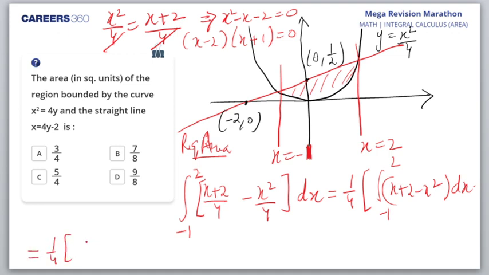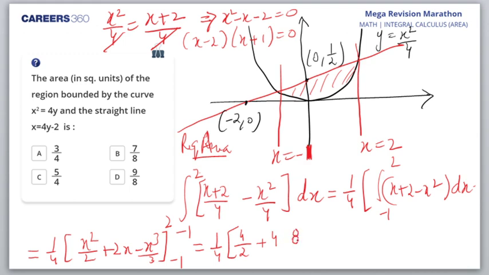The integral would give me x square by 2 plus 2x minus x cube by 3, and the limit would be minus 1 to 2. Okay, so this 1 by 4 will remain outside. When I put 2, what do I get? 4 by 2, then I get 4, then I get 8 by 3 by substituting 2 here.